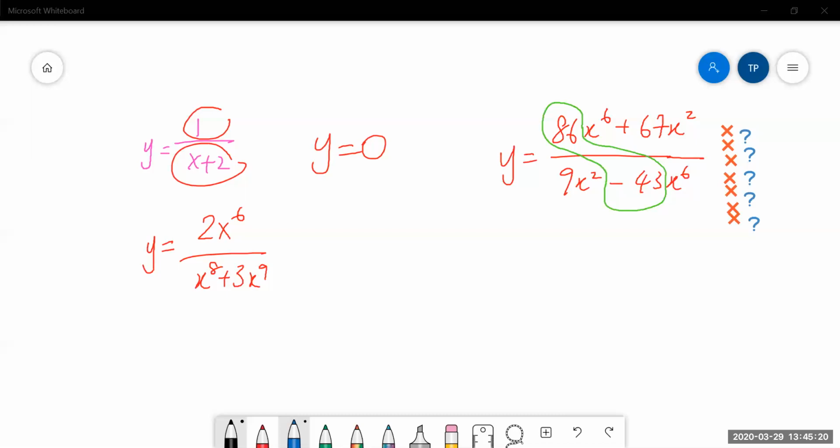Then the answer is just half. Take a look. It's under curve sketching. Oh, my bad. Can you add in the minus? Okay, my bad.